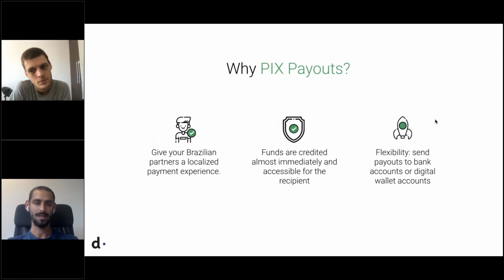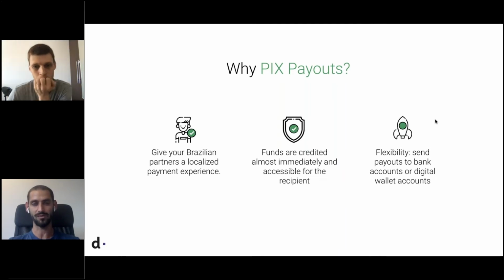So in this case, why is it useful? Why do we offer these PIX payouts? Of course, we are offering, or you will be offering together with us, your Brazilian partners or users a very localized payment experience, very easy to access. Funds will be credited almost immediately.